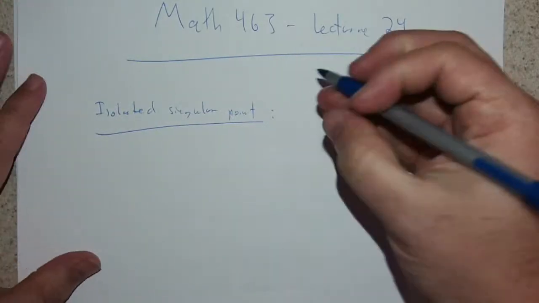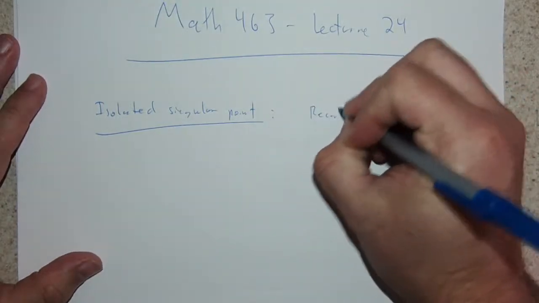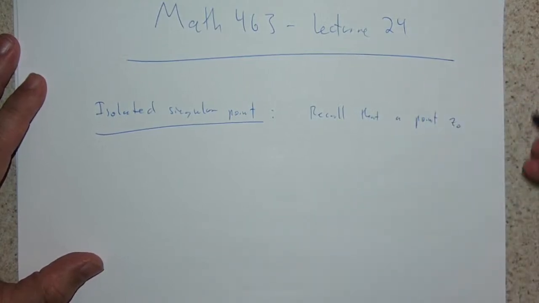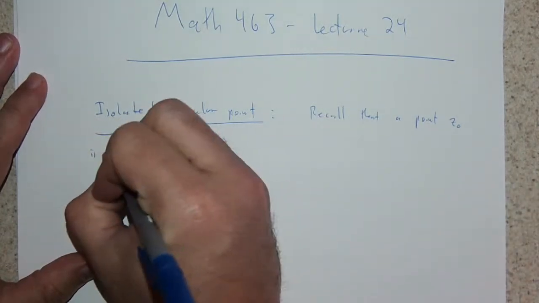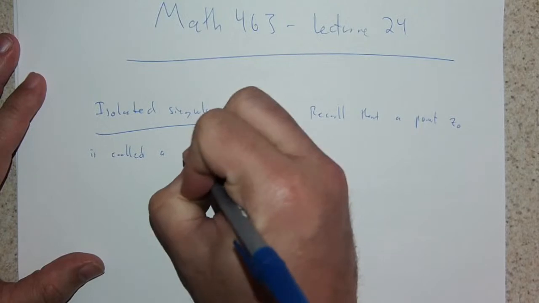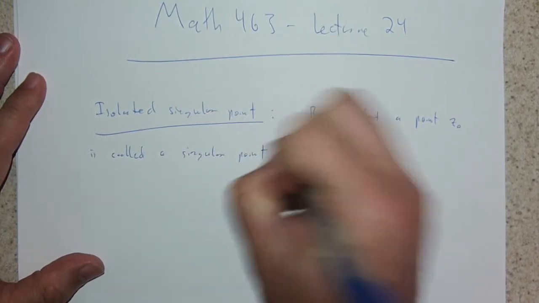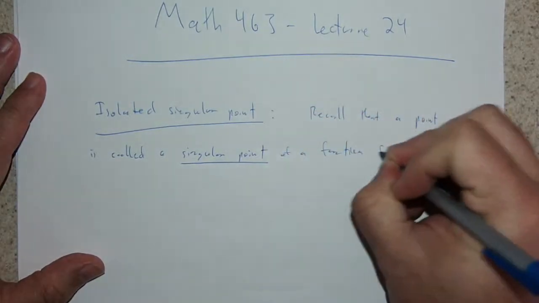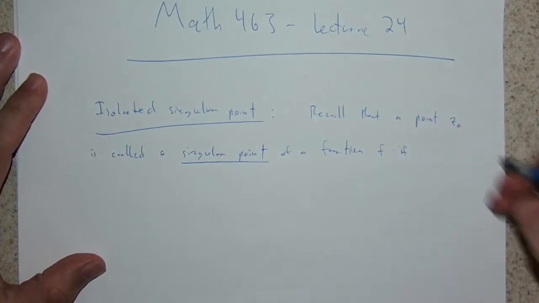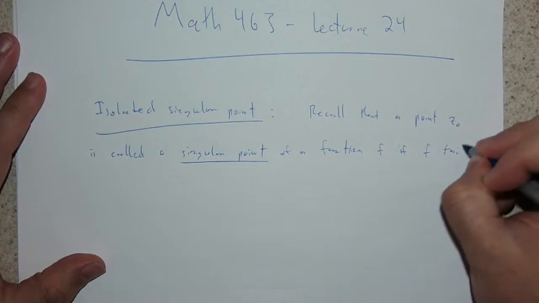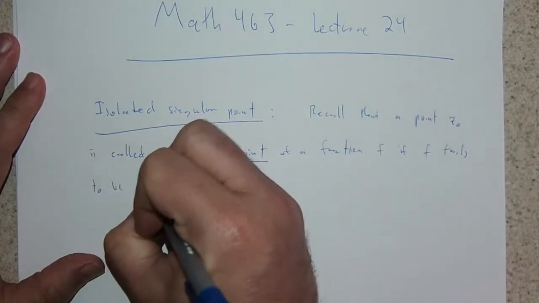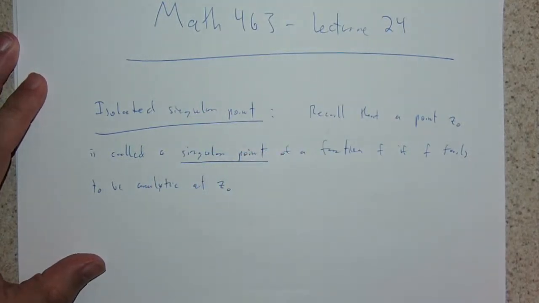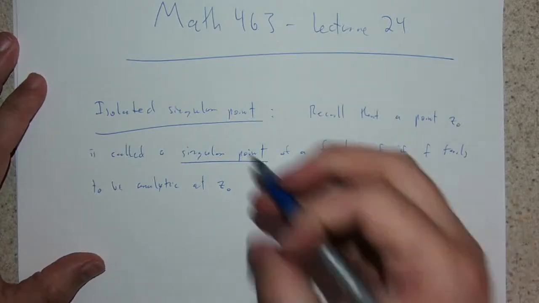So recall that a point z naught is called a singular point of a function f if f fails to be analytic at z naught, but it is analytic at some point in every neighborhood of z naught.